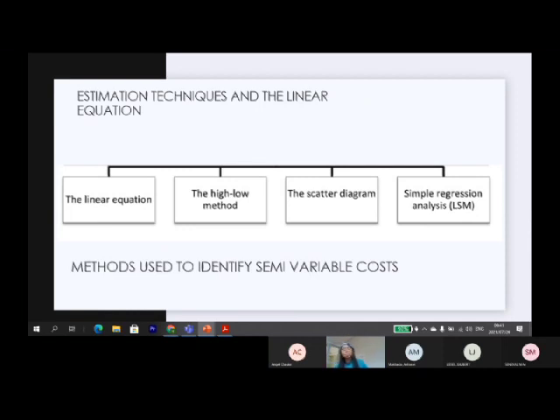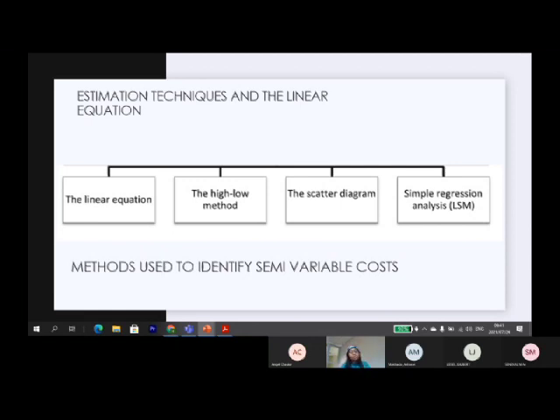So now with this one, we are looking at estimation techniques and the linear equation. With estimation techniques, what we're speaking of here is methods to identify semi-variable costs.